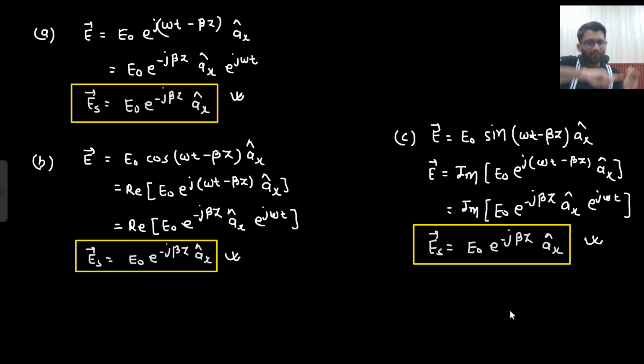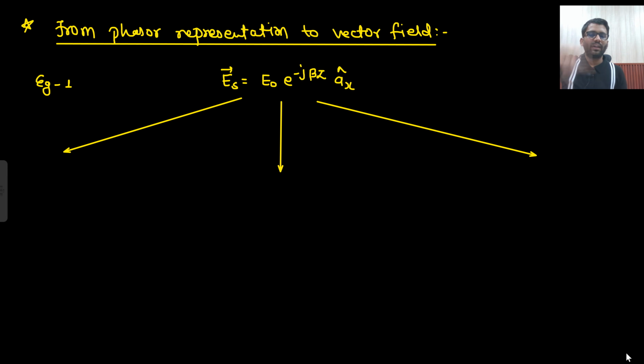So now if I need to go from phasor to electric field, how will I go? I need to go from here to here. So let's go from phasor to electric field now. From phasor representation to vector field or electric field, whatever I am saying. So this is my phasor representation. Now I need to go to my vector field. So there are three possible answers. Whatever phasor you have, along with that you connect e to the power j omega t.